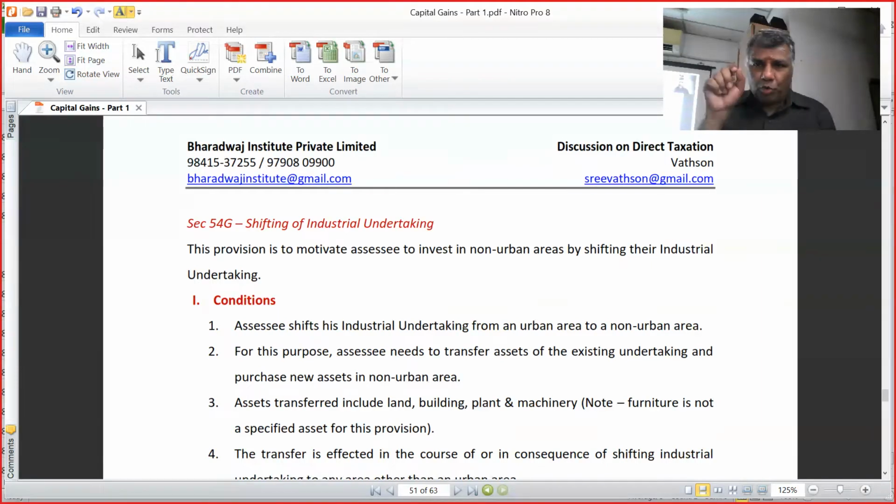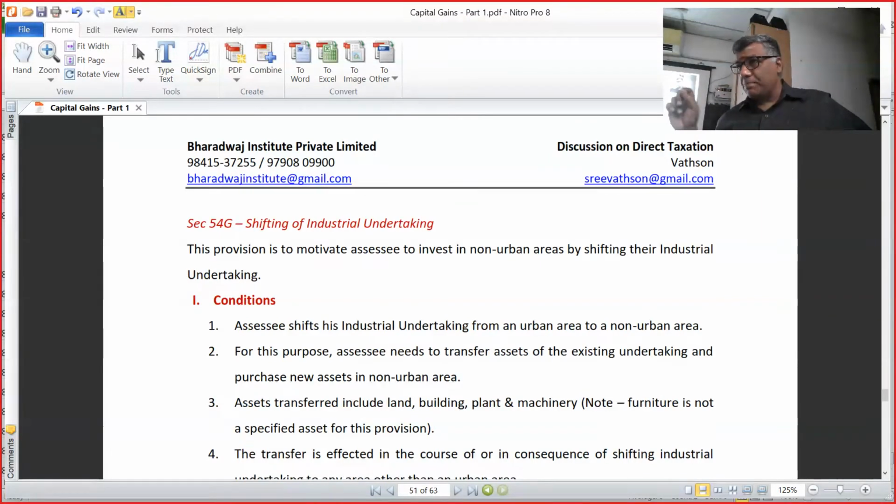Please understand what this section tells, my dear friends. This section tells us that if I shift an industrial undertaking from an urban area to a non-urban area, the facility is provided by the government to promote non-urban areas.